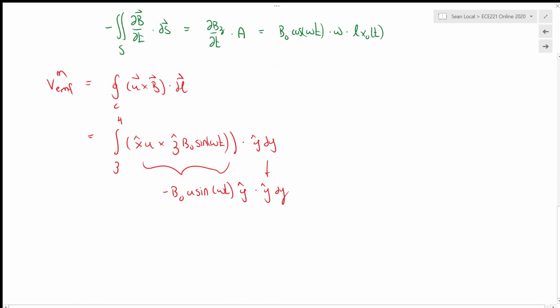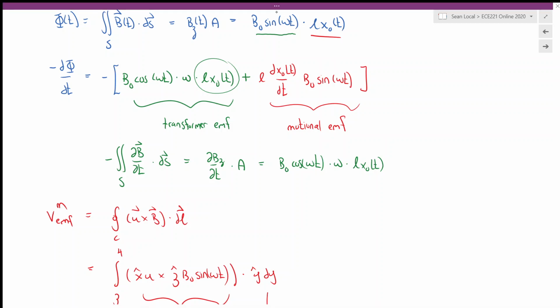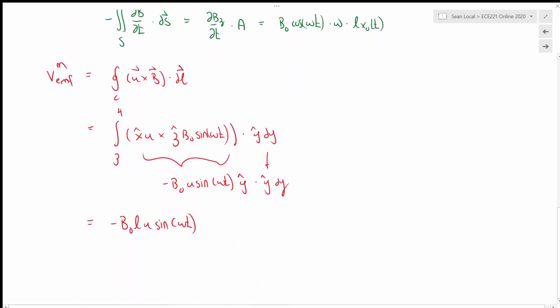We know that that length is just L, so this EMF is going to be minus B naught times L times u sine omega t. And indeed, that's what we have up here, because this term dx naught by dt is a derivative of position with respect to time, which is velocity. So we notice a match between the motional EMF above and this one down below.